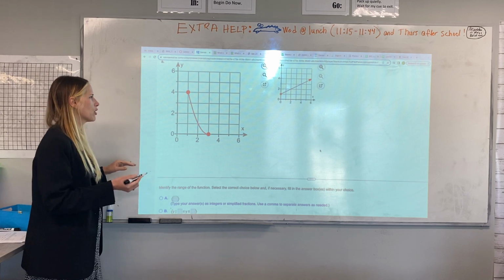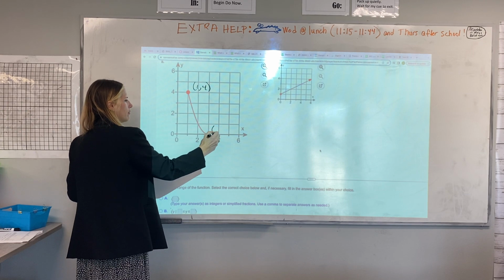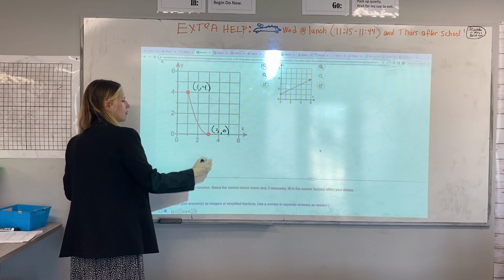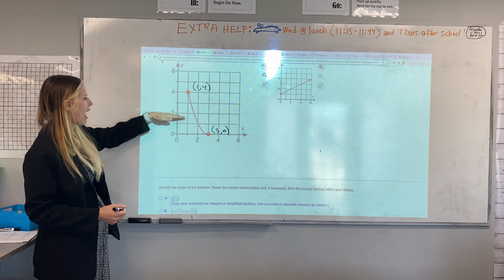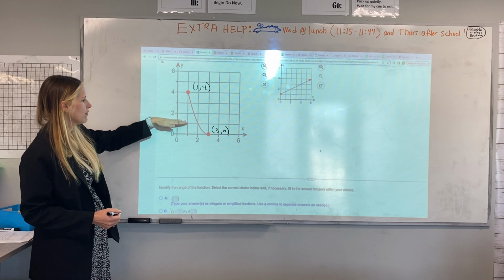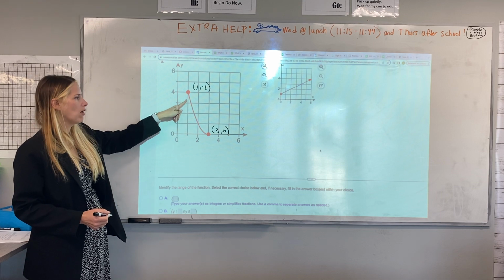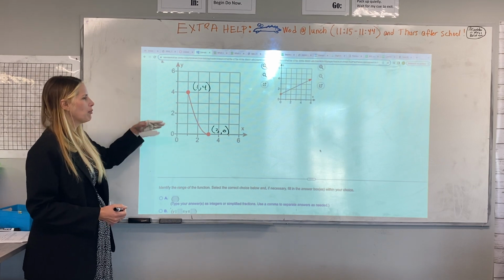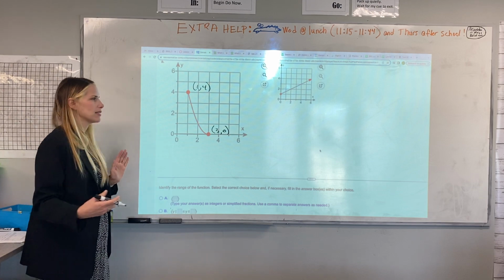Now again, let's name our coordinate points. We have (1, 4) and we have (3, 0). What we're looking for is the y on the y-axis. How far does it hit up, and how far does it hit down? And then of course it's going to be all of the values in between, but the way we're going to name it is using our limits, our endpoints, okay?